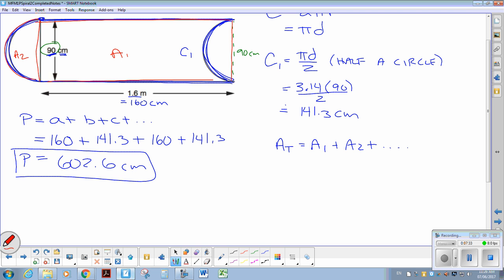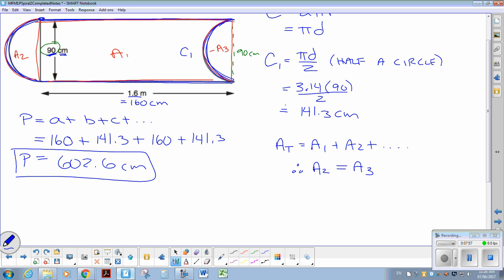So that's area 2. But this caves inward, so I'm going to have to subtract area 3. What do we know about area 2 and area 3? If they have the same diameter, then area 2 has to equal area 3.